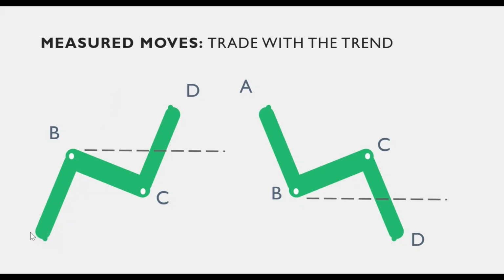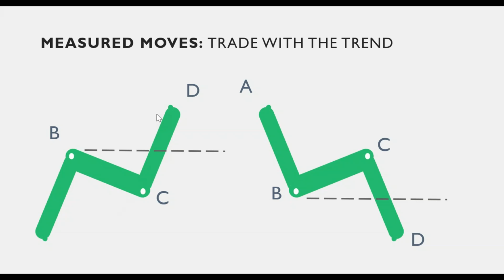When it goes from A, let's say the price was dropping, it came down here, made a low, came back up to B, pulled back to C, but made a higher low, and then it made a higher high when it goes past the B point. That's called a measured move when it goes from A to B to C and back up past the B point. That's a measured move to the upside.